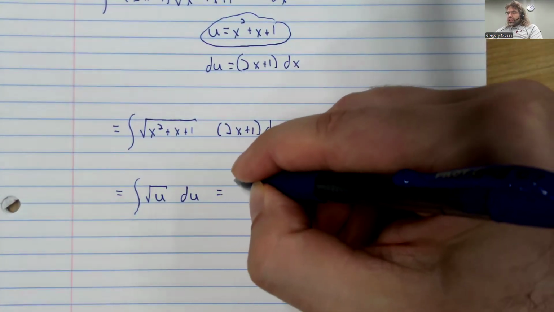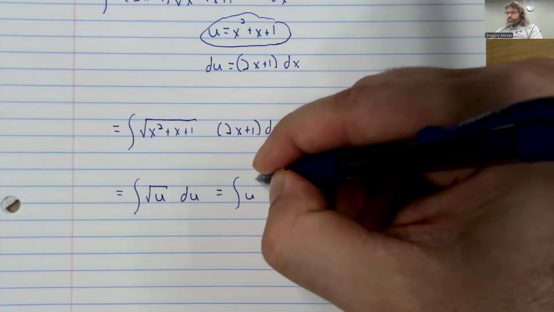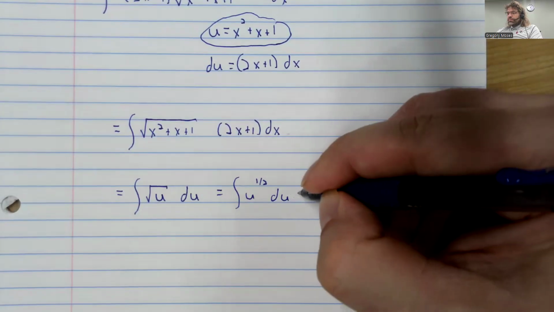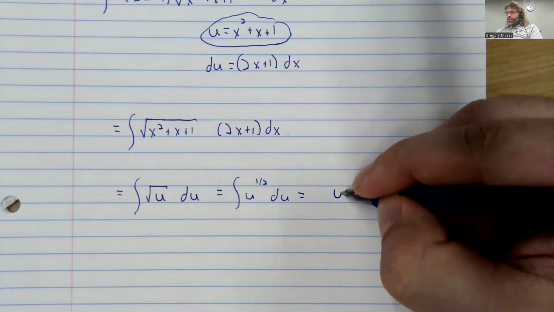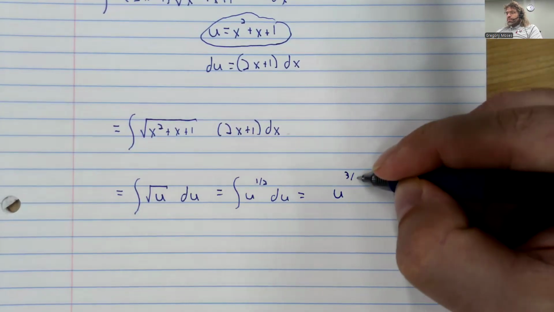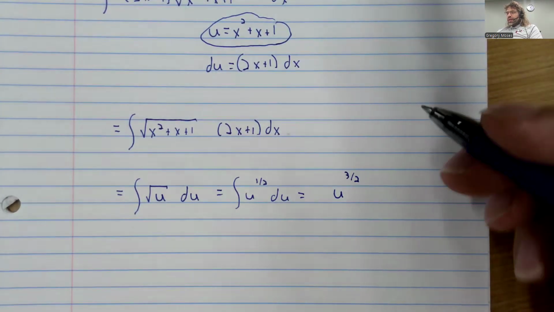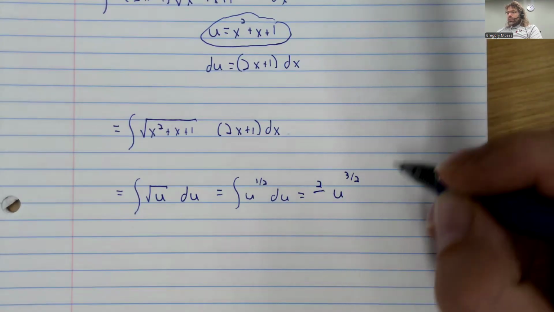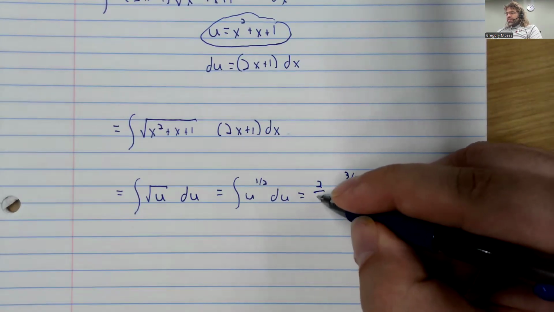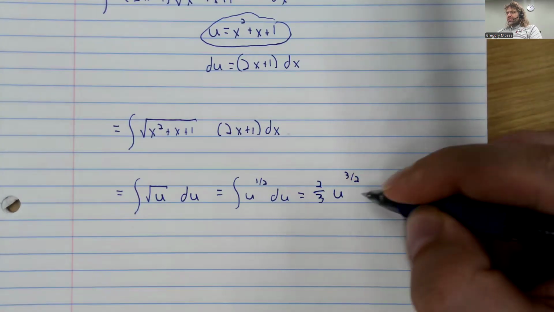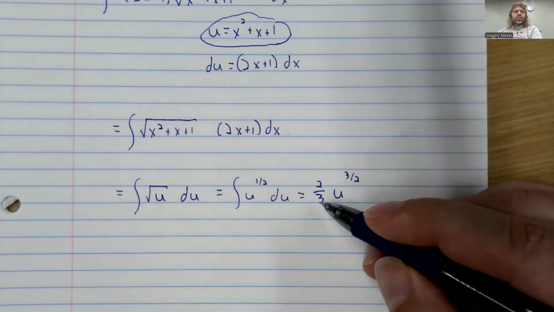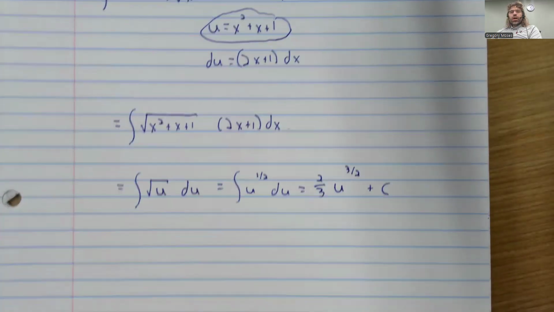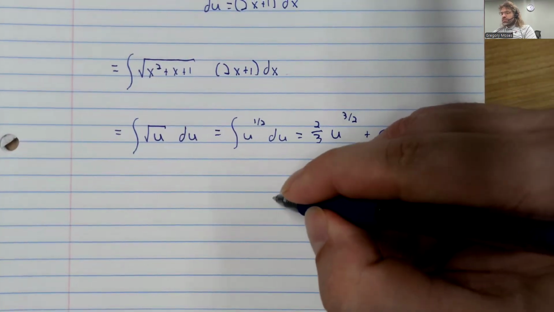We just have the integral of a power function, which we take by bumping the power up by 1 and then dividing by the new power. The new power is 3/2. Division by 3/2 is the same as multiplication by 2/3. And we don't forget our constant of integration.